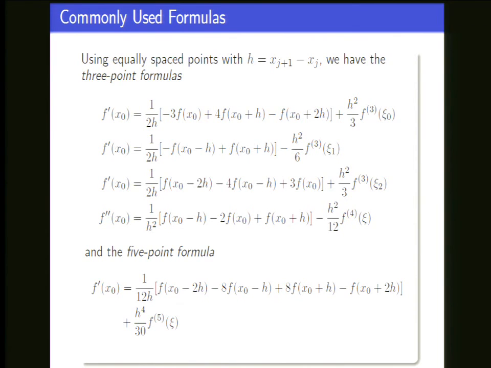This is the formula, divided by h squared. And the error term can be written simply as h squared, I killed a 2 here, so it's a 12th, times the fourth derivative evaluated at some new xi that I don't know. And that's the entire formula.